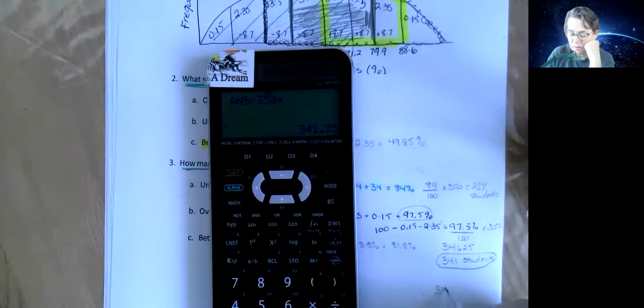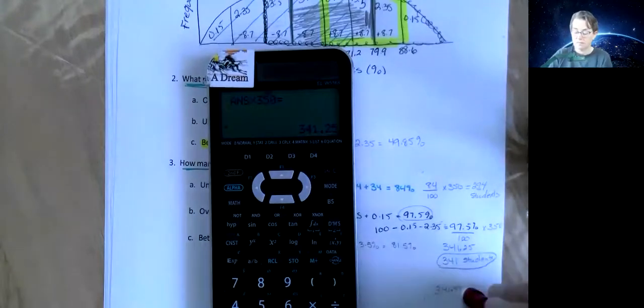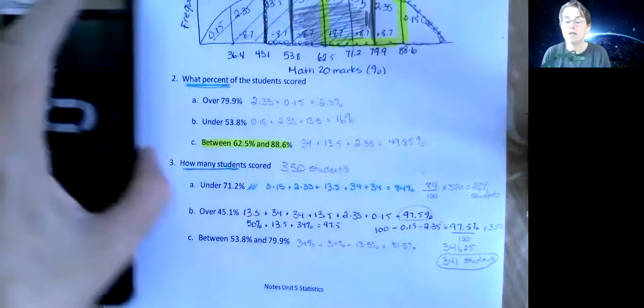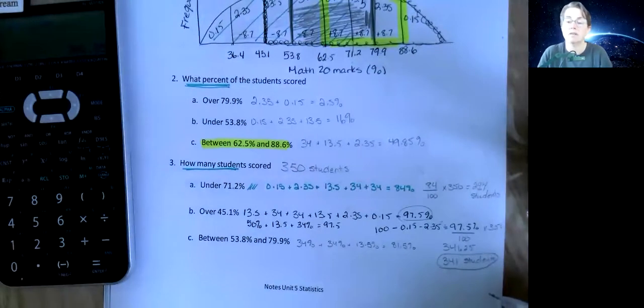Just take the whole number part of the answer. For once, don't round. Even if I had 341.97 students, I would still go to 341. It's the only time that I can think of that you don't round. It's not a huge thing, but when you're talking about students or chickens or dogs or cats or anything like that, decimals don't make any sense.